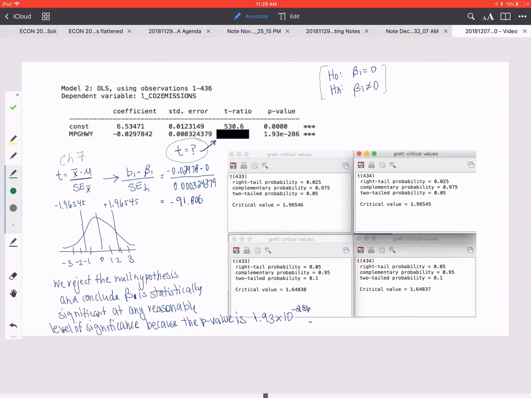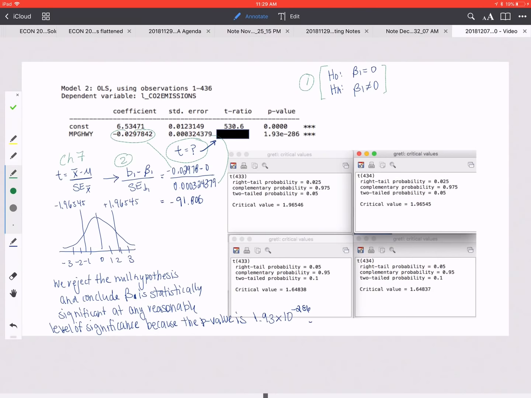Our first step is always the hypothesis. Our next step is calculating t. To calculate t, we take the estimate for beta 1, subtract what we are actually testing against, 0 in this case, divided by the standard error of b1.